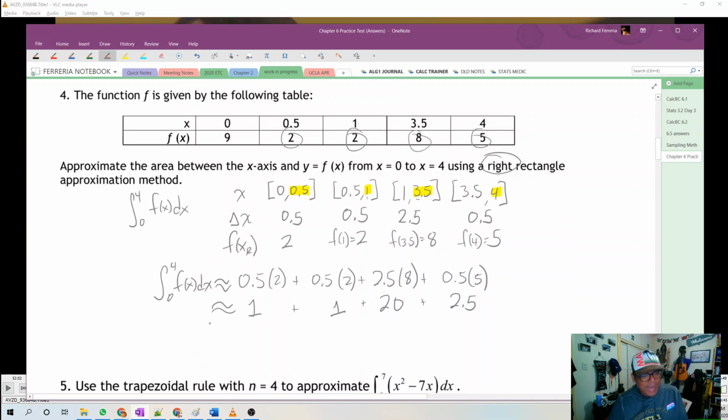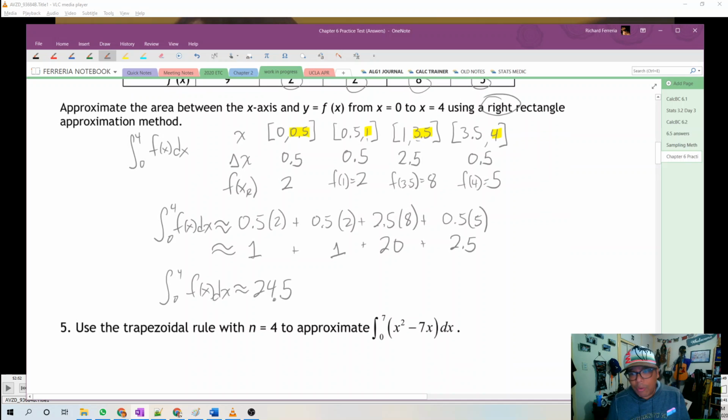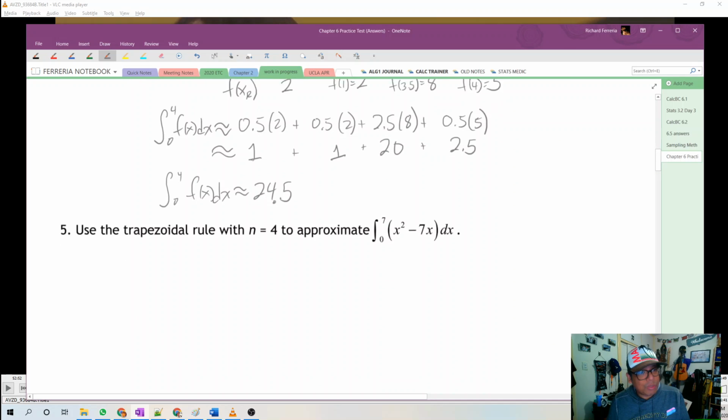And now we can just add that together. So the integral from 0 to 4 of f of x dx can be approximated by 24.5. Provided that none of my arithmetic is faulty, which I don't always have the cleanest arithmetic.